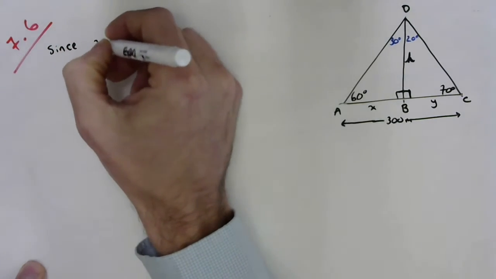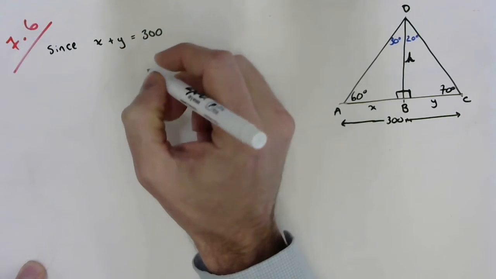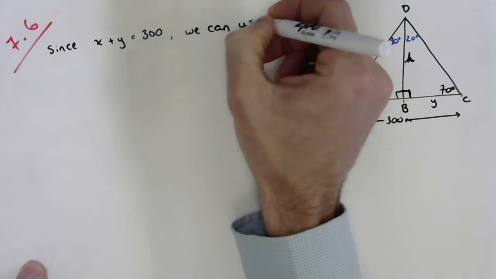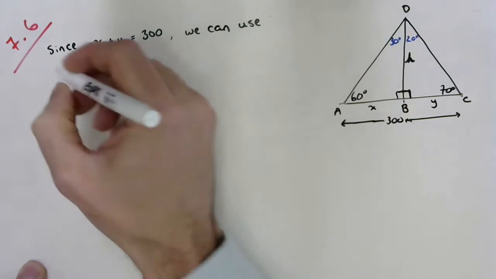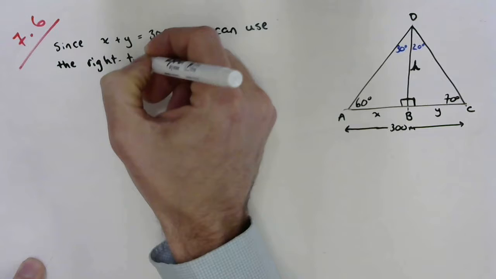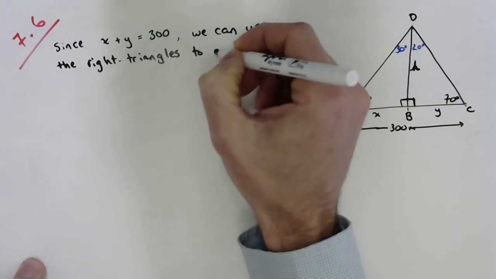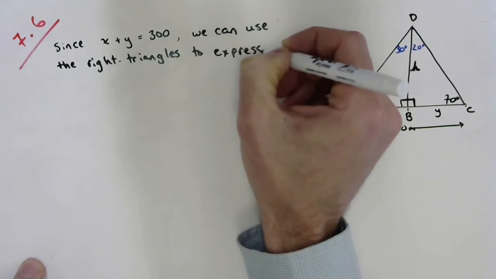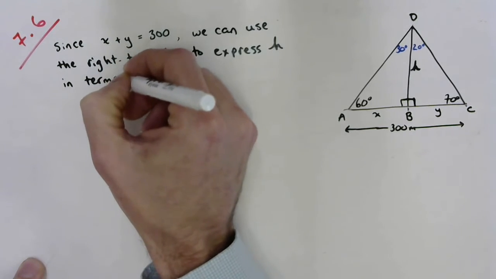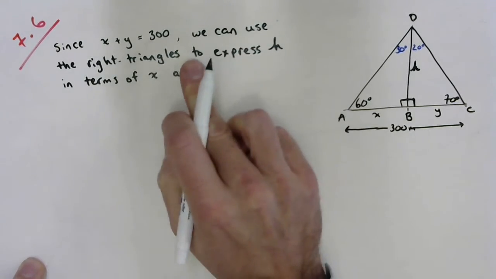Since x plus y equals 300, we can use the right triangles to express h in terms of x or y.